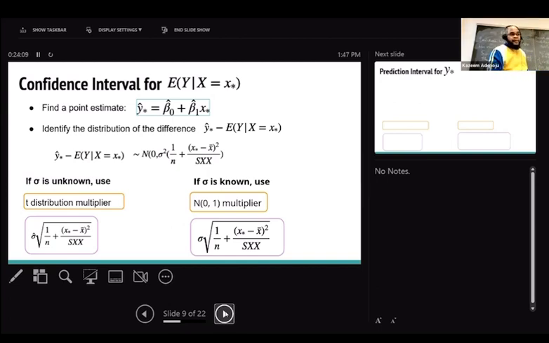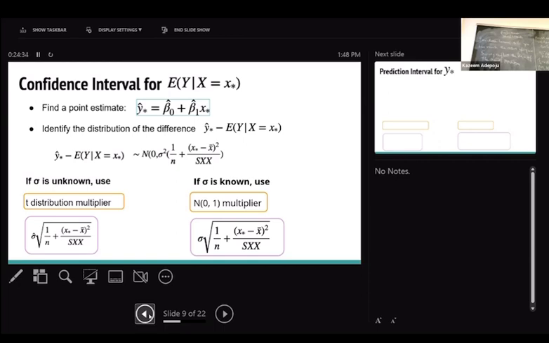Now, go ahead. We normally have an assumption in statistics. The examiner is going to tell you whether the standard deviation is known or unknown.